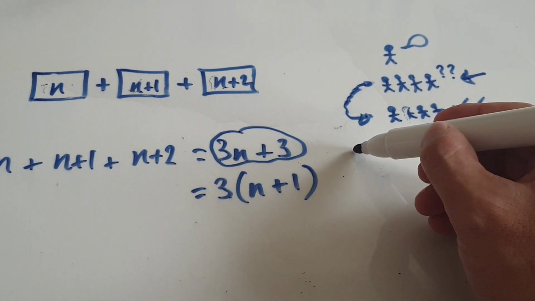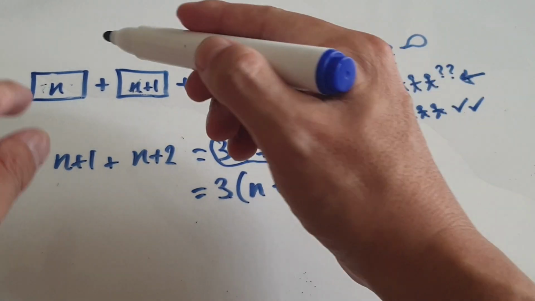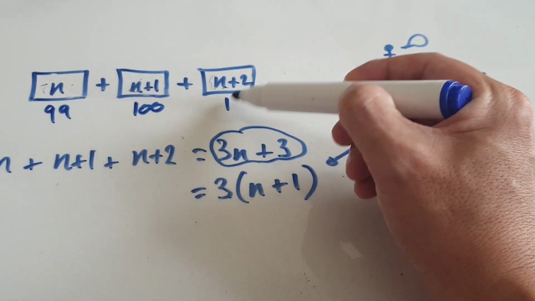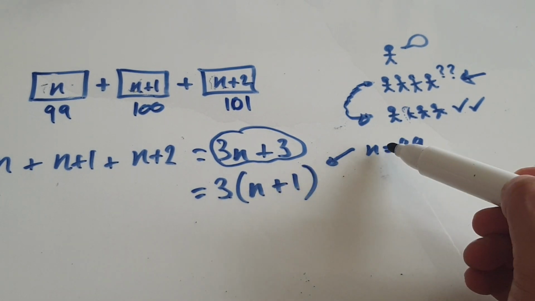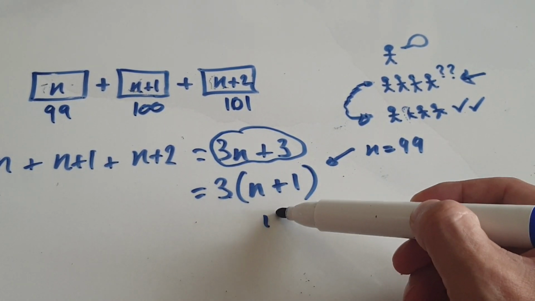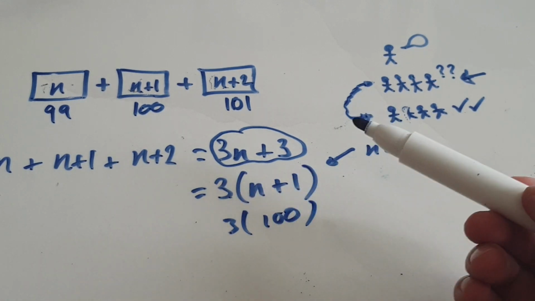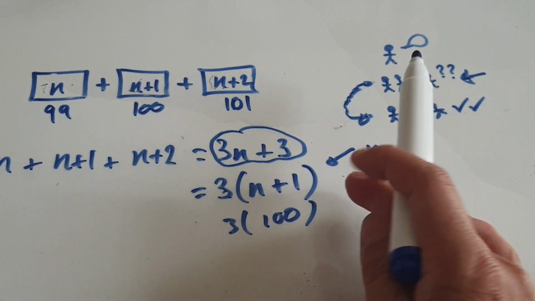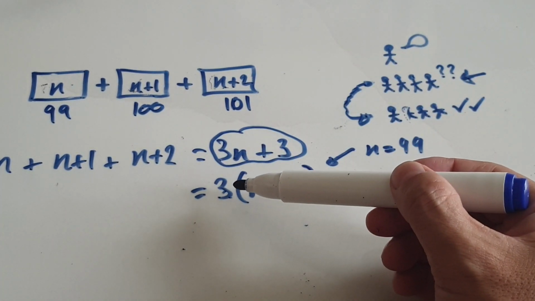For example, let's say n is 99. So imagine this is 99, 100, 101. Well, when you put 99 in here, it will be 100. 100 times 3, you see, the number 300 is divisible by 3. If you can write it in this form, it would be divisible by 3.